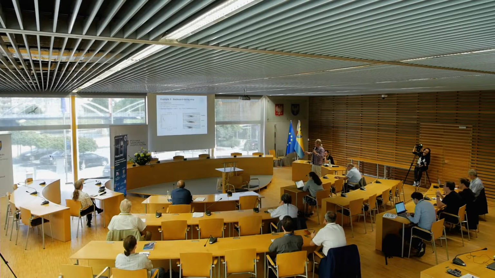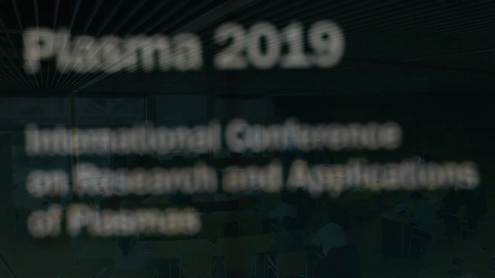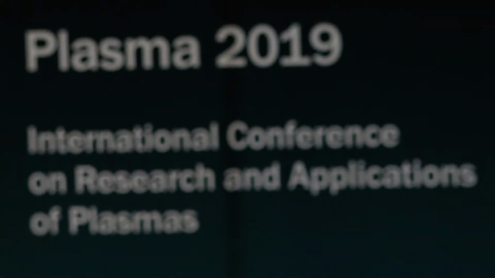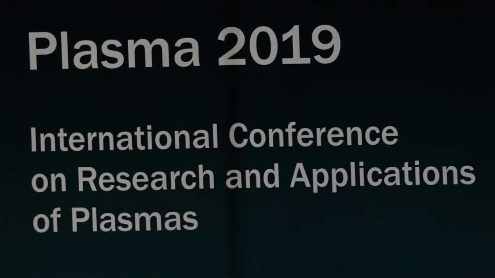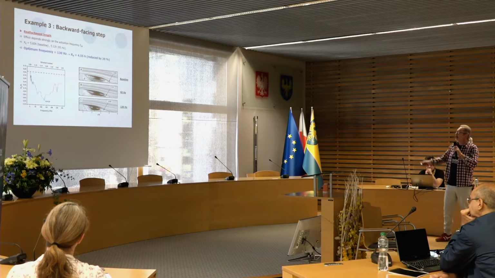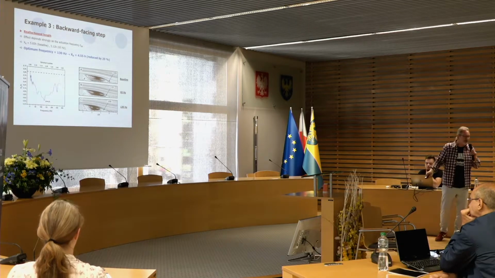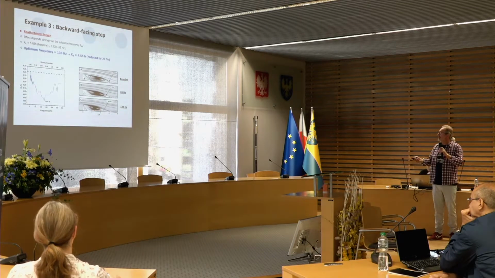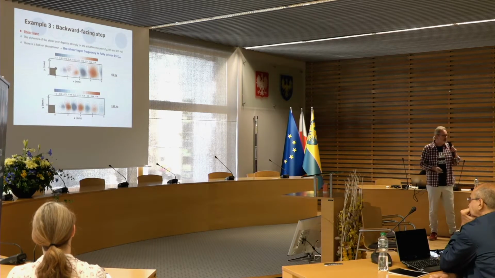So here we have the reattachment length versus frequency, and here is the value of the reattachment length without discharge. We can see that we are able to reduce the recirculation length. And there is an optimal frequency, because in fluid mechanics there is always an optimal frequency. But the best feature is that the dynamic of the shear layer depends strongly on the actuation frequency.